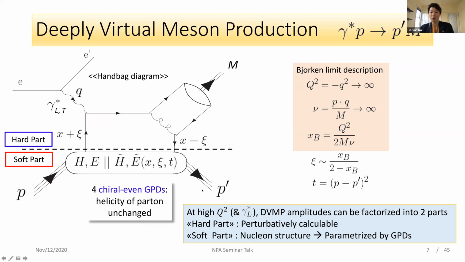And there are 4 chiral even GPDs, and they keep the helicity of the partons unchanged. There are also 4 chiral odd GPDs, which flips the helicity of the parton, but they are highly suppressed due to helicity conservation. And the GPDs depend on 3 variables: momentum fraction x, and xi describing the skewness, and t, the square momentum transfer between the initial and final proton.